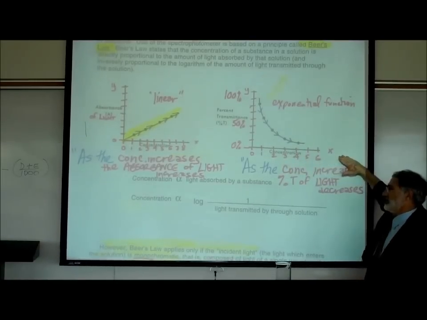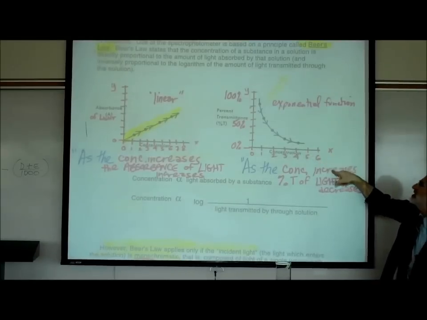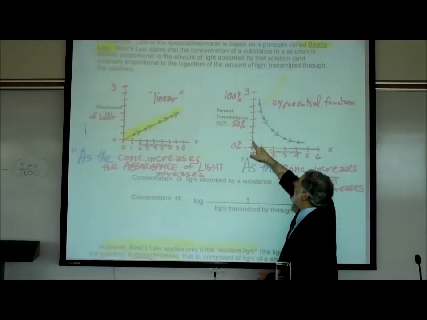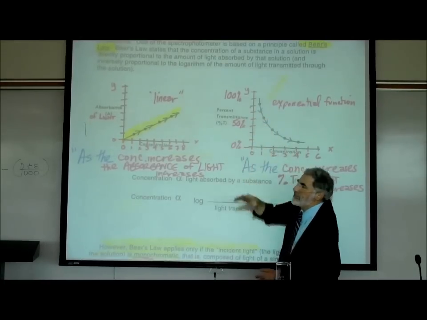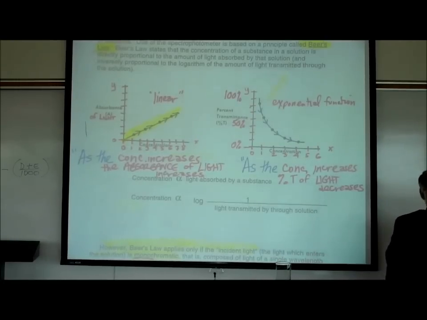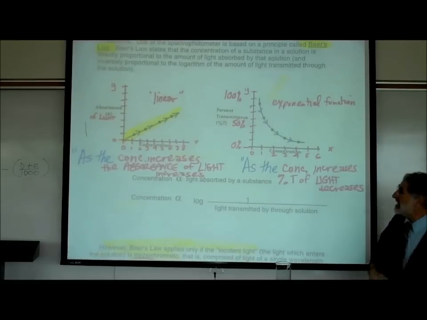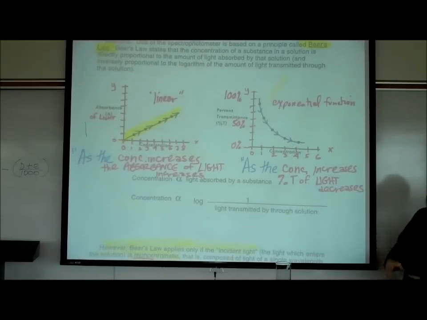Increasing concentration. So as the concentration increases, and then we look on the y-axis. And what is this graph showing as far as what's happening to the percent of light transmitted through the solution? It's decreasing. So the percent transmittance of light decreases.